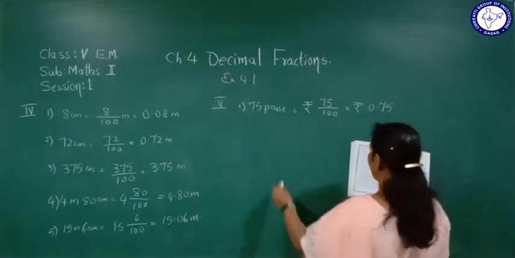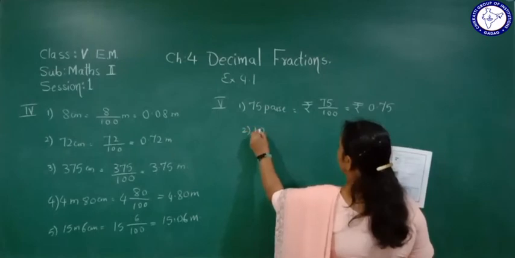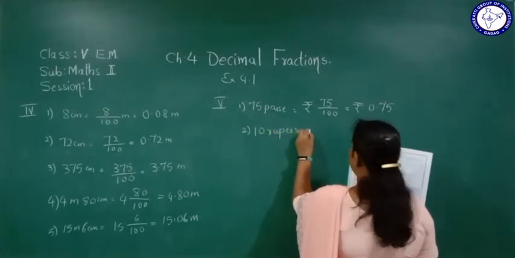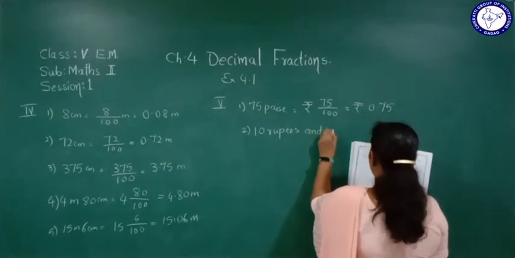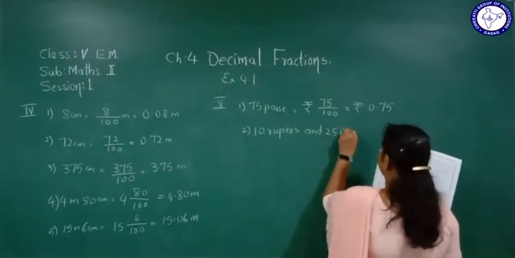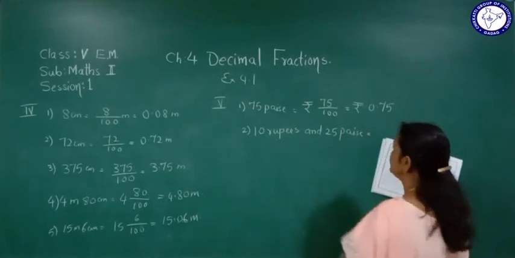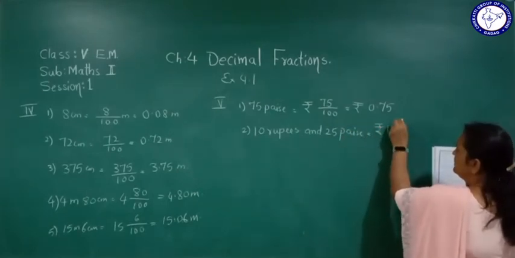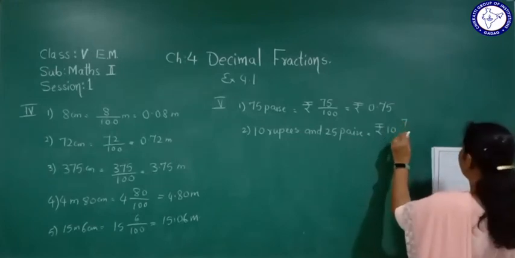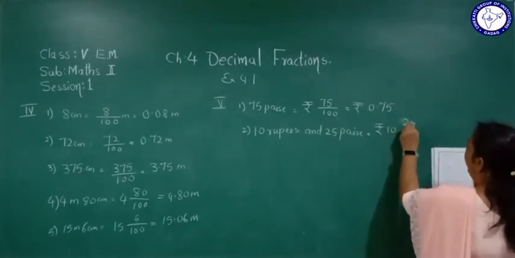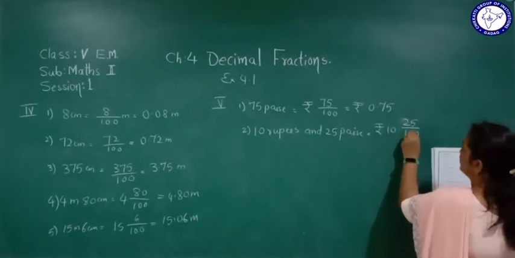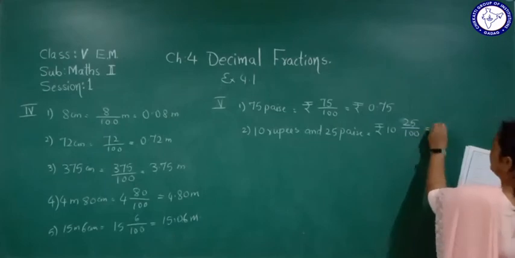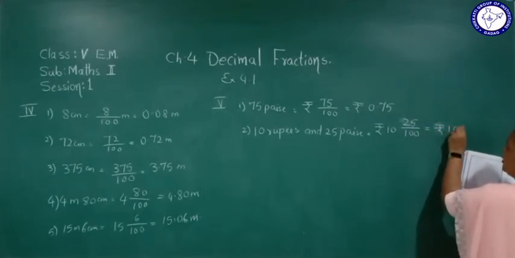Second question, 10 rupees and 25 paisa equals rupees 10. Then 25 by 100, which is equal to 10 rupees 10.25.